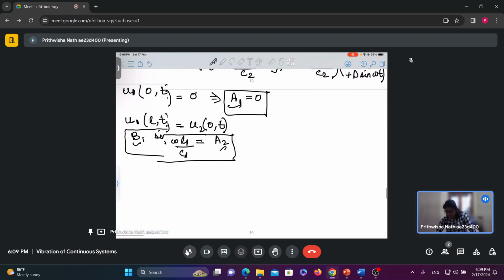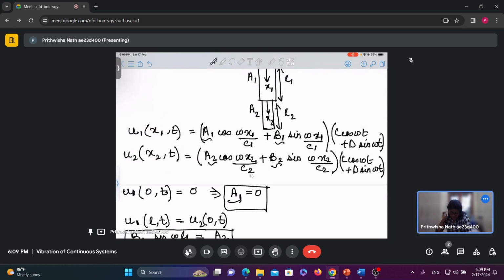Now we can see from the question that at x1 equals L1 and x2 equals 0, the tensile force is the same. So how can we write this as?